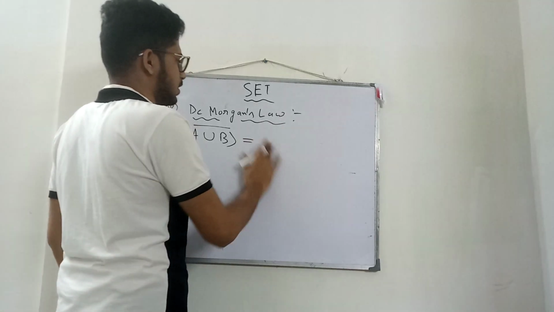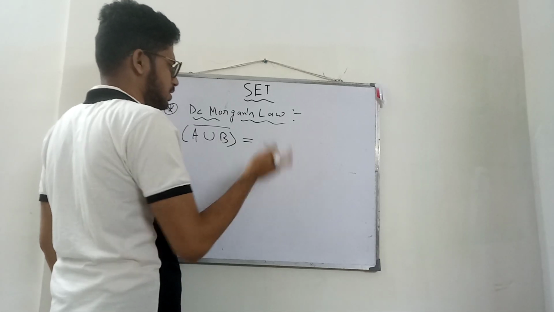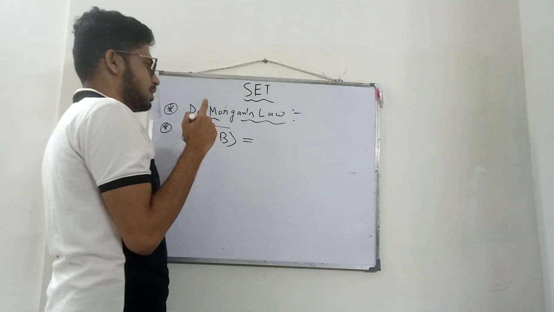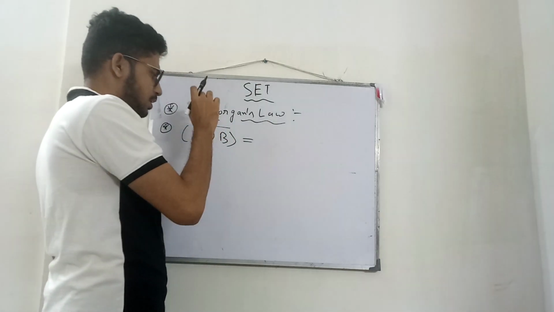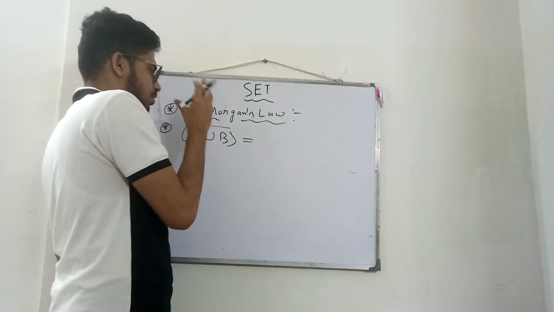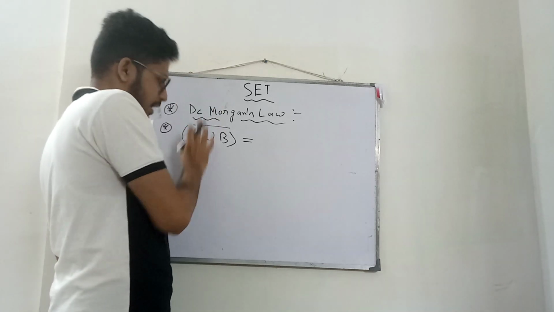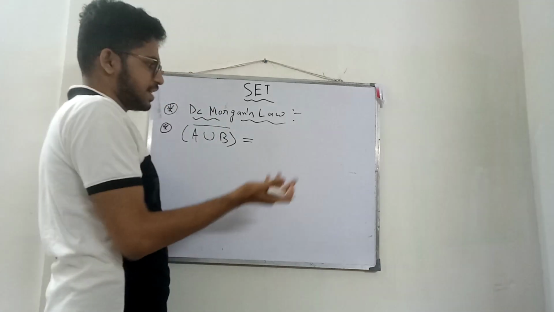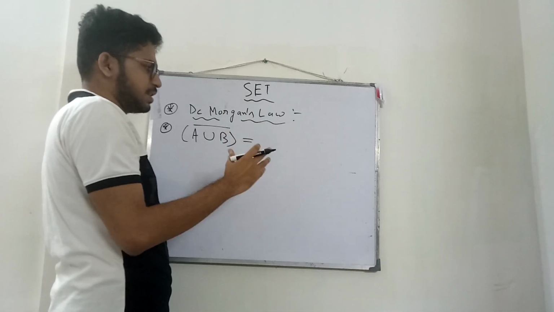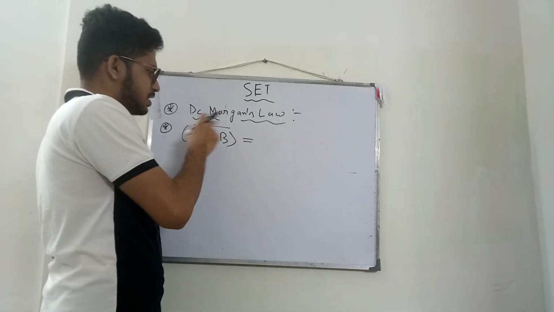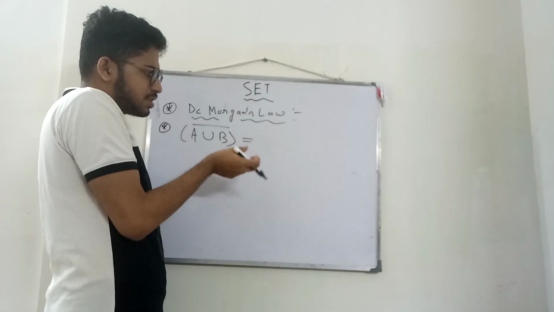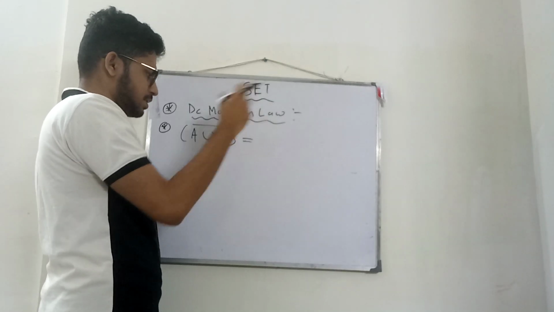This bar just opposites the sign, the number, anything, okay? Like it changes the sign: if a number is positive, this bar changes its positivity into negativity. This is how it works.